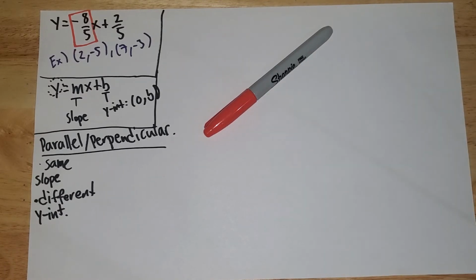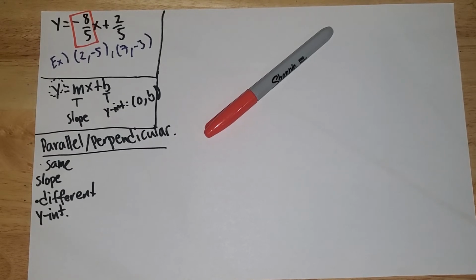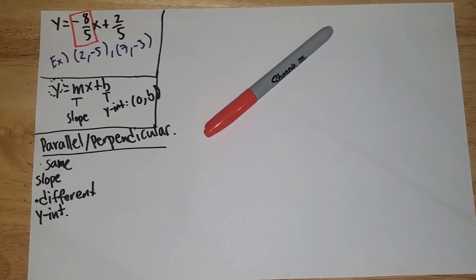But that's just what you see visually. You can say they never cross. For two equations to be parallel to each other, they have to have the same slope, but a different y-intercept. So you want to watch out for that.